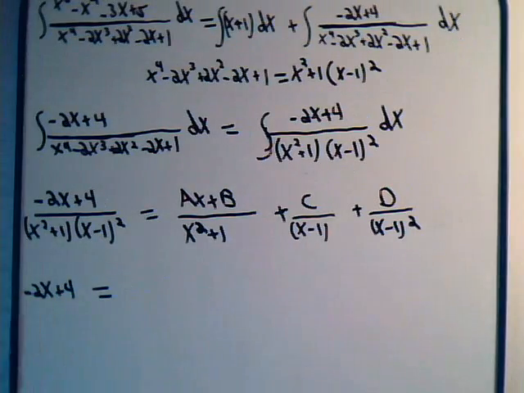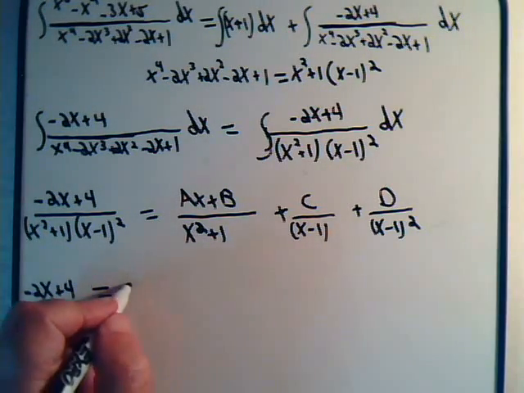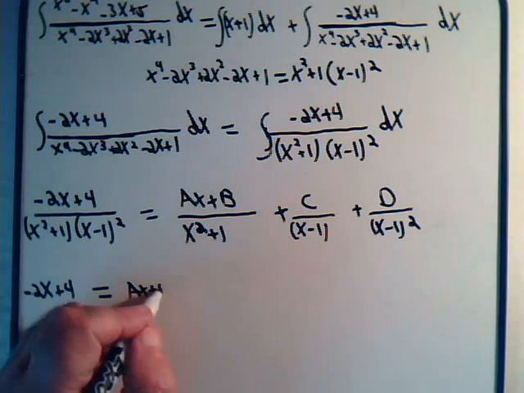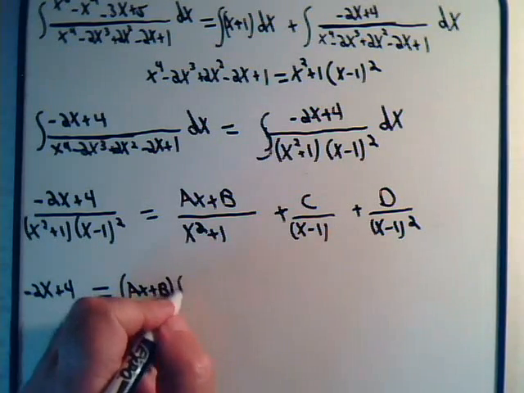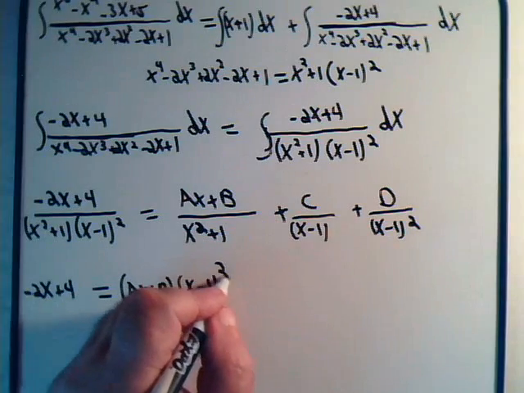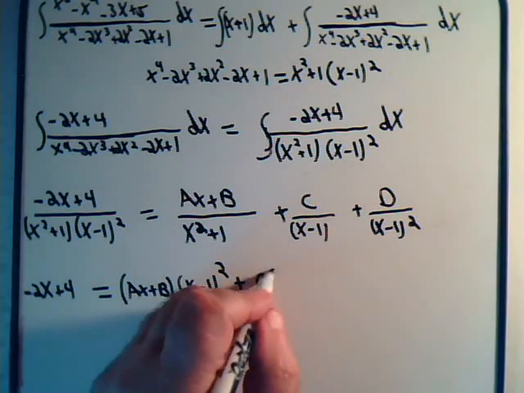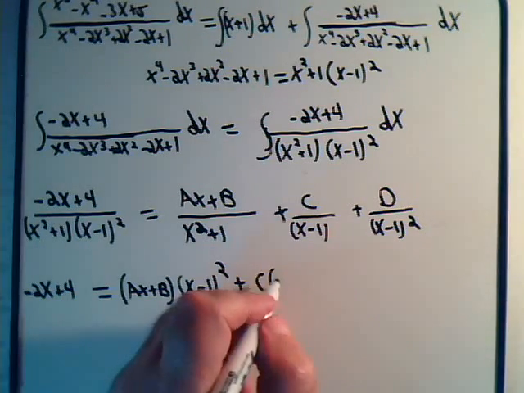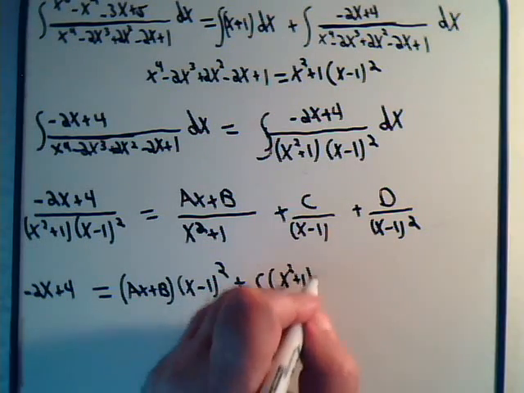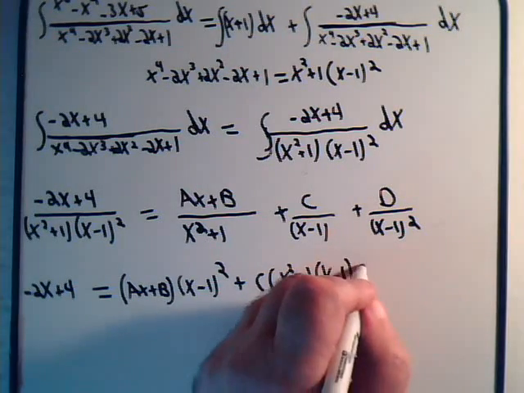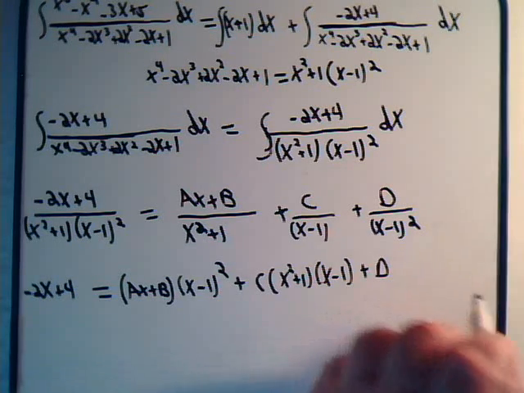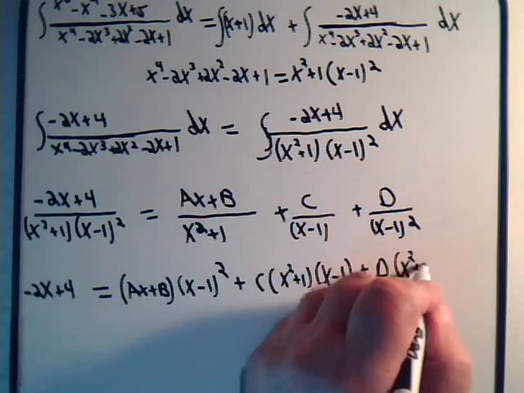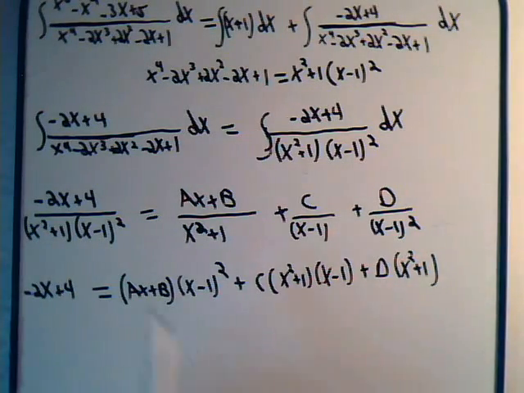Minus 2x plus 4 will equal ax plus b times x minus 1 squared, plus c times x squared plus 1 times x minus 1, plus d times x squared plus 1. Yeah, these are going to cancel, so it's d times x squared plus 1.